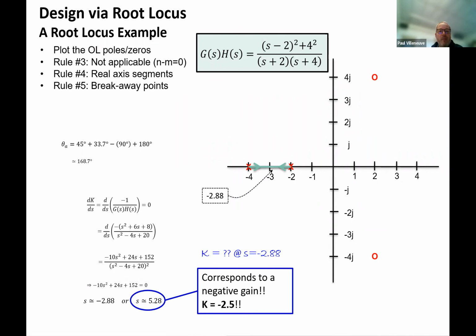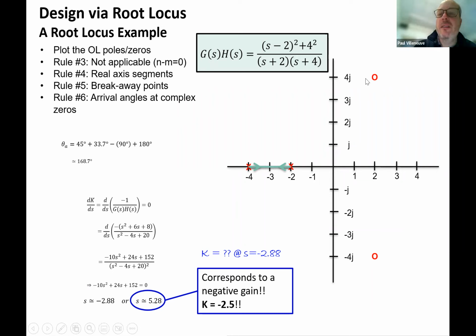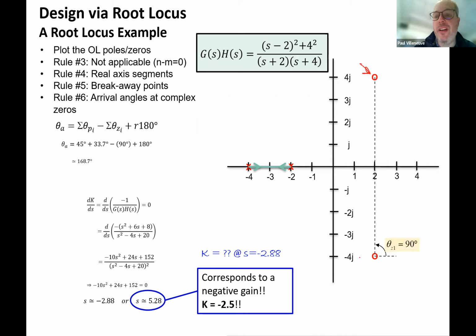So I have my breakaway point. I know where it is, and it's a valid point. Now I've got to figure out the angles of arrival. Why are they arriving? Because I'm going to these finite zeros. So I'm going to pick this one to solve for first.